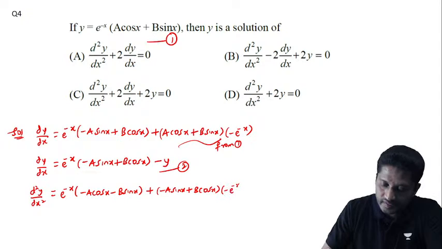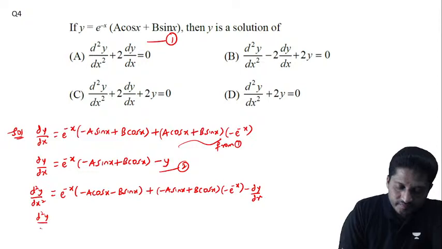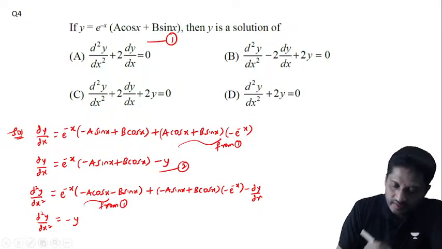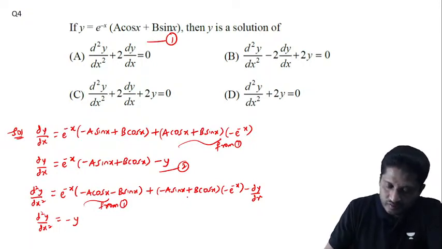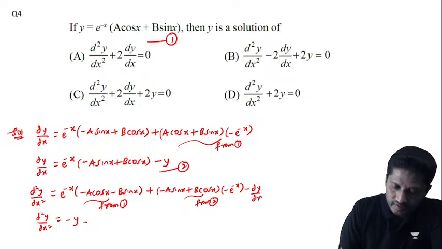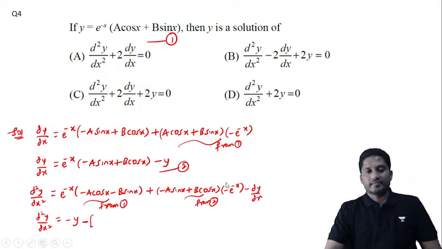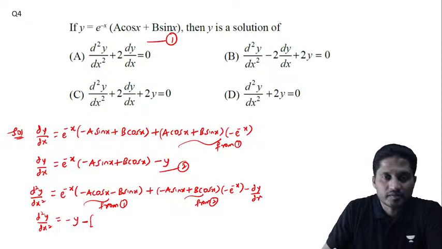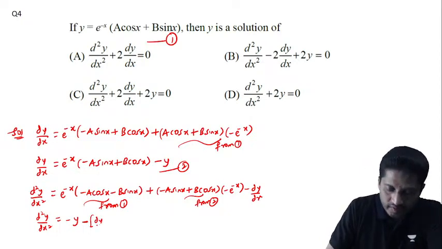From equation 1, it's the same as minus y. From equation 2, I'll take minus outside, keeping minus e power minus x as it is, minus a sin x plus b cos x into e power minus x will be dy by dx plus y. And this is minus dy by dx.